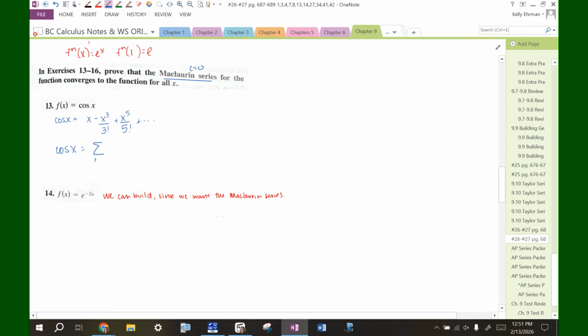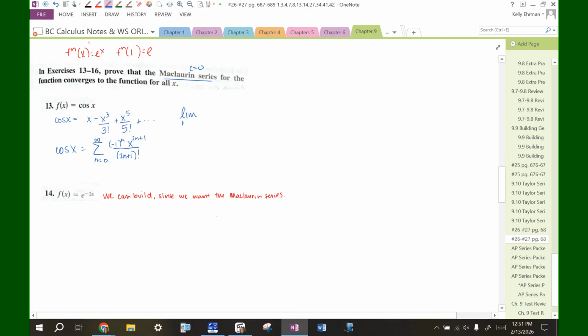It's the sum from 0 to infinity of negative 1 to the n times x to the odd numbers 2n plus 1 over 2n plus 1 factorial. So this is x to the odd number over odd number factorial. How do I prove if this function converges or diverges? So I need to use the ratio test. We always use ratio test for this.